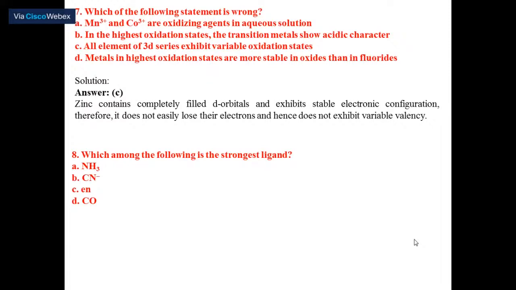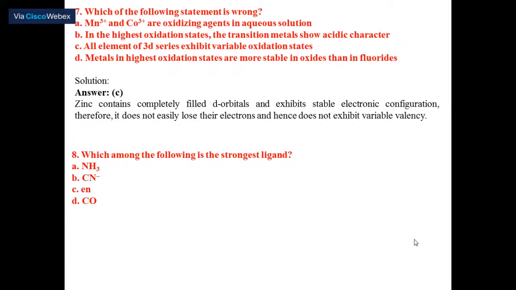I have given a hint on how to remember the spectrochemical series. First carbon ligands are strong, then nitrogen ligands, followed by oxygen ligands, and at the end halide ligands. You can see here ammonia, it is a nitrogen ligand. CN minus is a strong ligand, a carbon ligand.